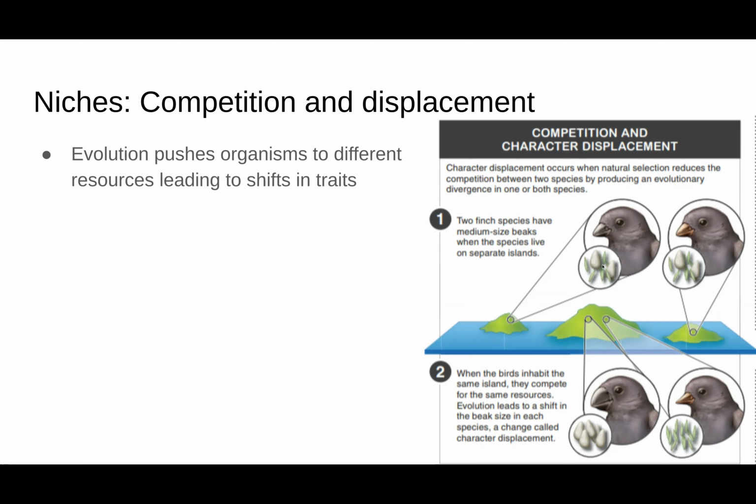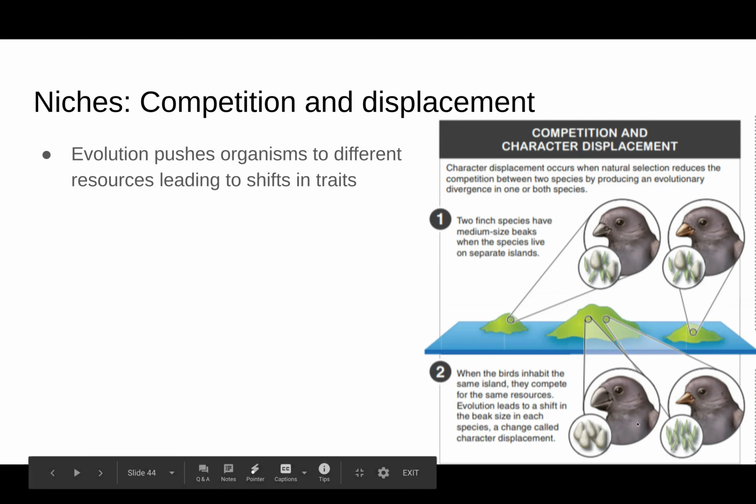What evolution will push is the diversification of traits. The idea being that, depending on the size of their beak in this case, organisms will start to specialize on bigger or even smaller seeds. Again, natural selection is selecting for traits that allow you to occupy a new niche, this niche here being food source, that will essentially push this species apart, right?